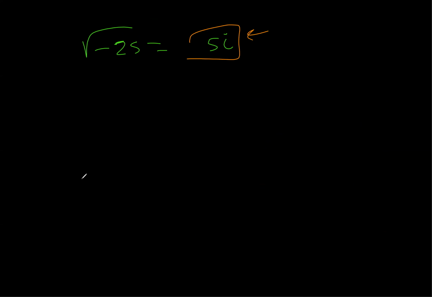Now this number, is it imaginary or real number? It is imaginary. All of it, 5i is imaginary number. And 5i is a number. All of it is just one number. Don't tell me the 5 is a number and the i is a number. No, 5i, both of it, as long as it is multiplication, we deal with it like one monomial. So that means it is one number.